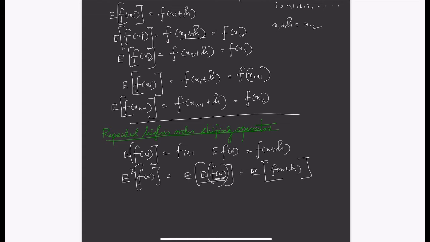Now again you have to do this. Shifting of f of x plus h is nothing but f of x plus h plus h. So this is going to be f of x plus 2h. So E squared of f of x is nothing but f of x plus 2h.